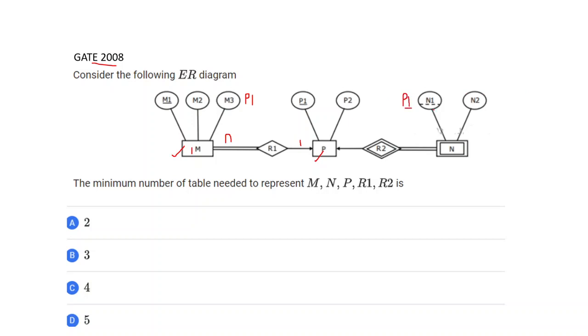So there will be essentially 3 tables, one for M, one for N, and one for P. For the relationship between P and M, P1 is merged at the M side, and here P1 is also introduced in the weak entity. So this is your answer.